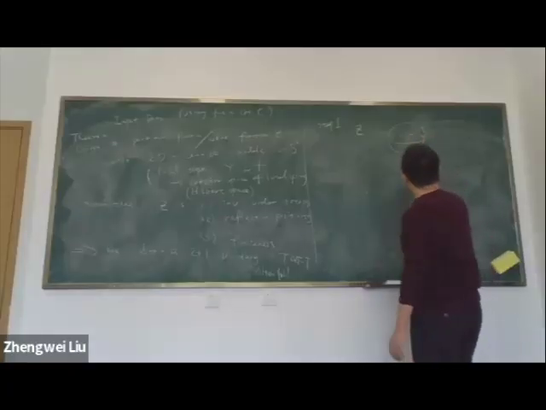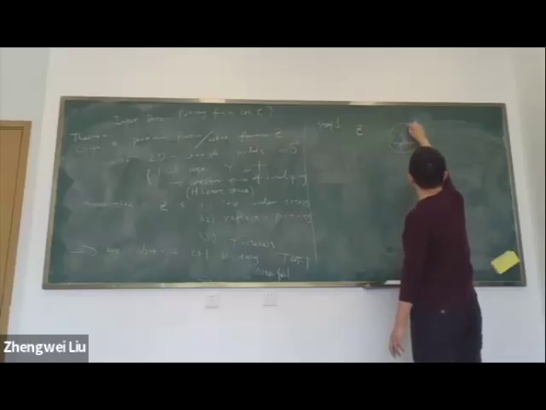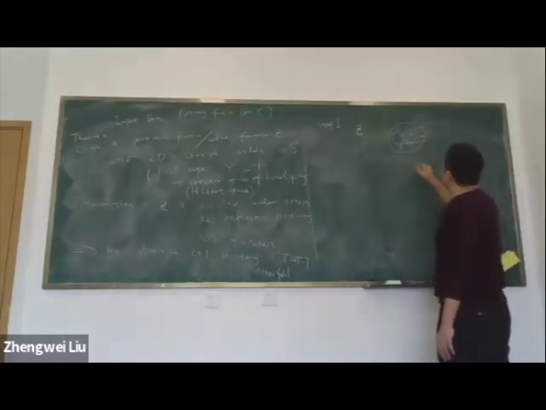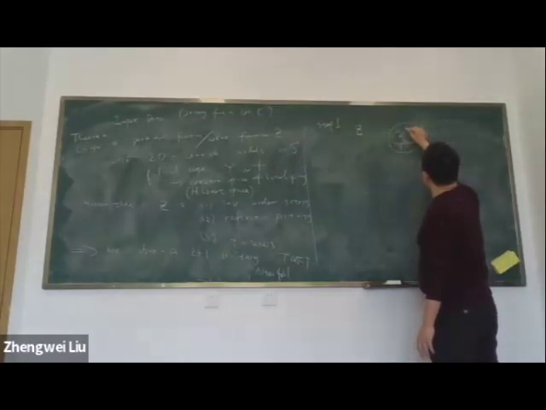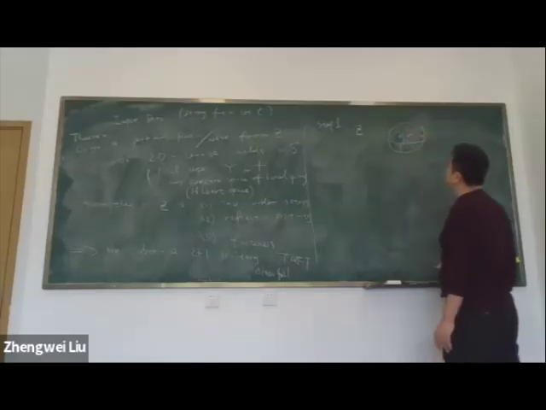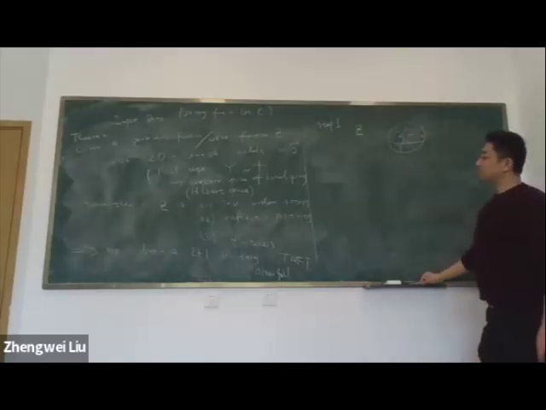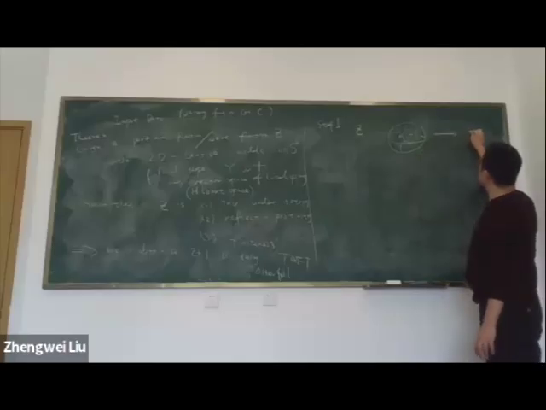Now you can consider this as a graph with those string nets on the field, with those local spins. So the initial data is the map from those data to a scalar.